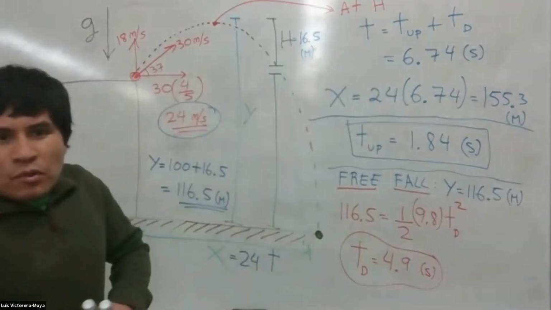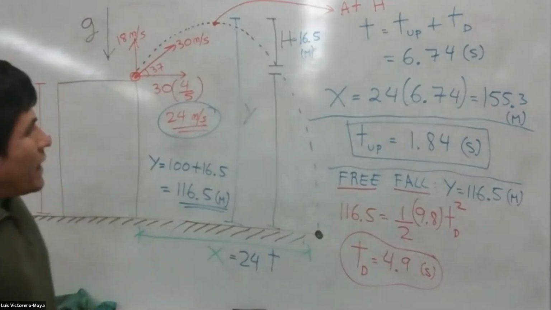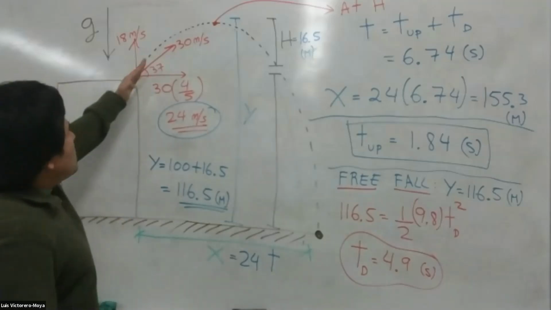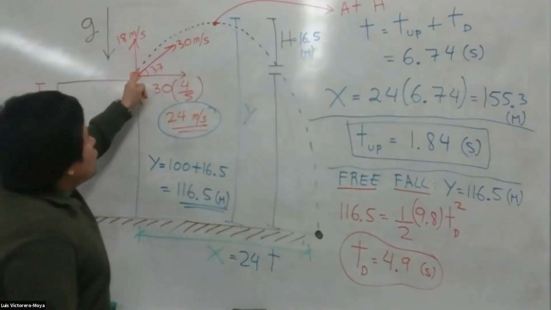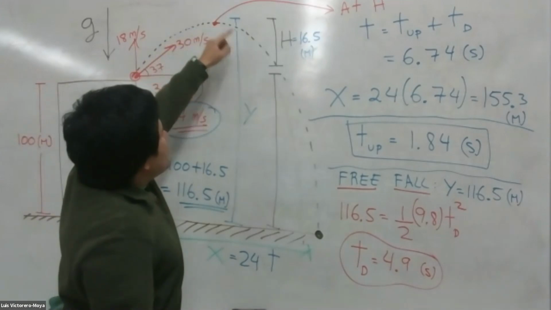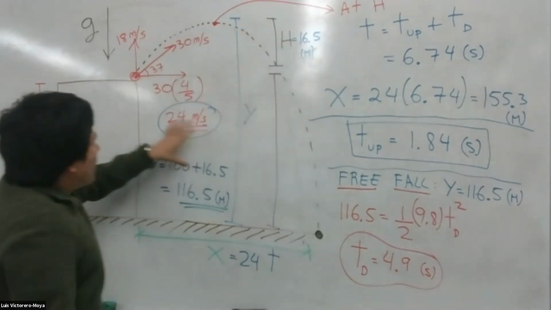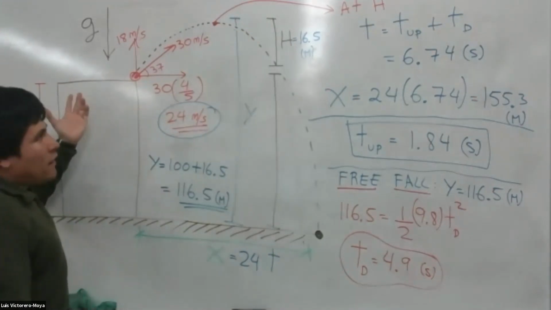It's up to you guys what method you want to use. You can use the method I showed you today, or you can use a method from the book. I feel like this method allows you to see more thoroughly and more clearly what's going on. You first break it into components, you find the time to go up, you find the height it goes up, and you add it to the height of the building or whatever it is.